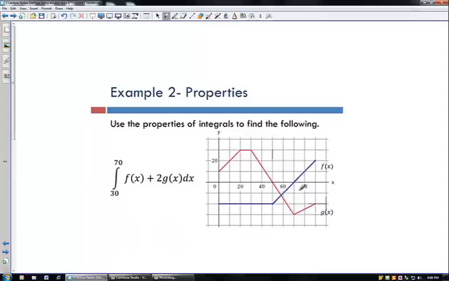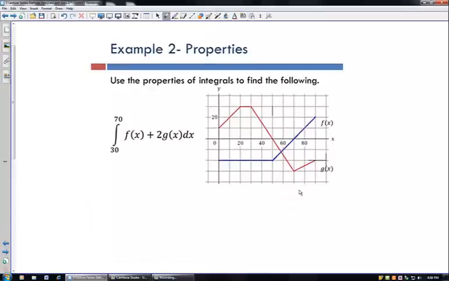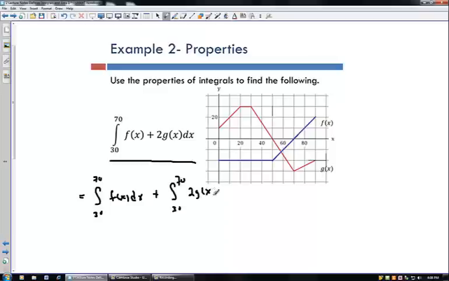Let's look at another example here where we can use these properties of the integral. So I want to find this integral from 30 to 70 of f of x plus 2 g of x dx. Well, I know by the properties of the integral that the integral will go through addition. So this is the same as the integral from 30 to 70 of f of x dx plus the integral from 30 to 70 of 2 g of x dx.